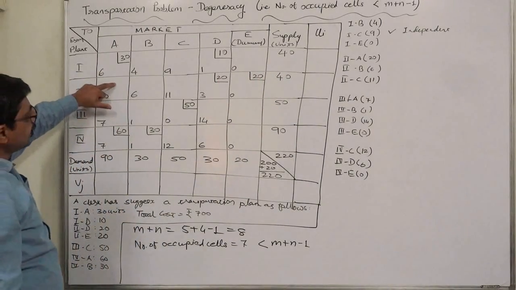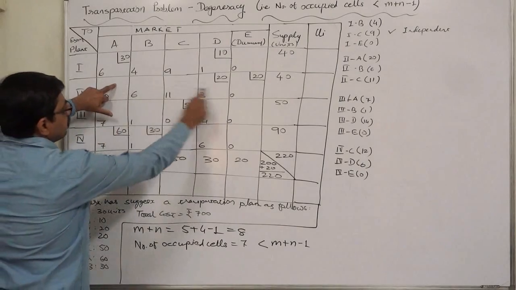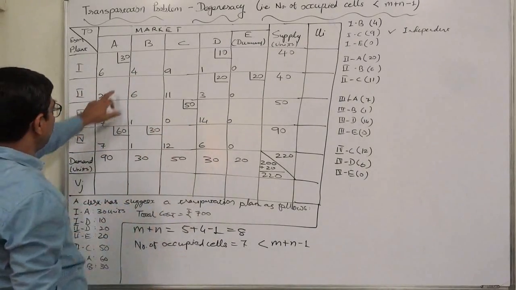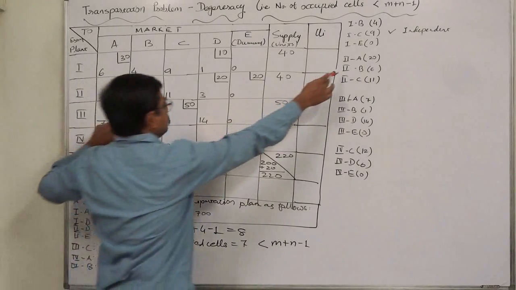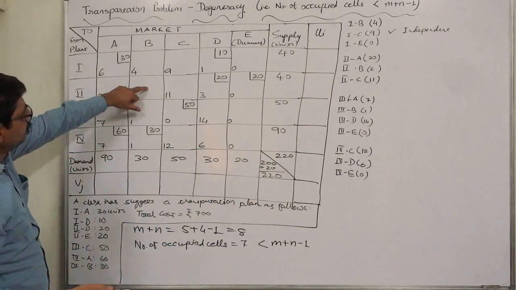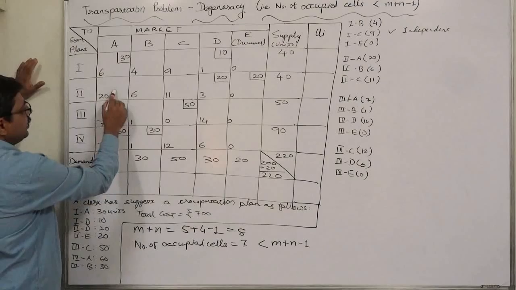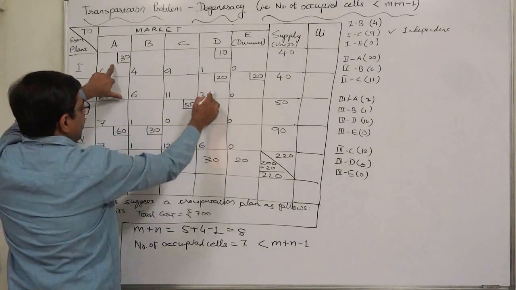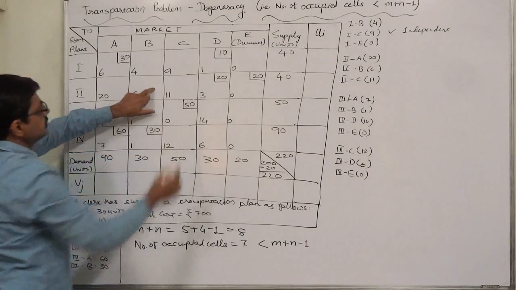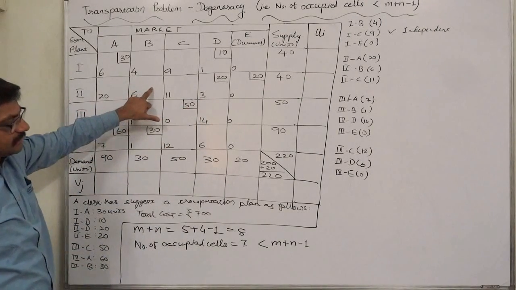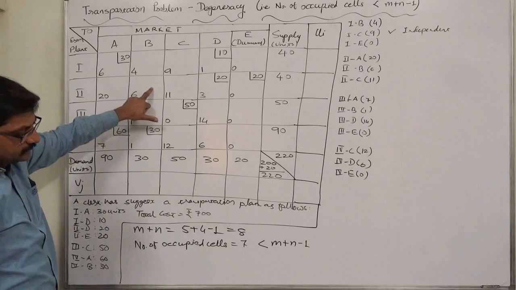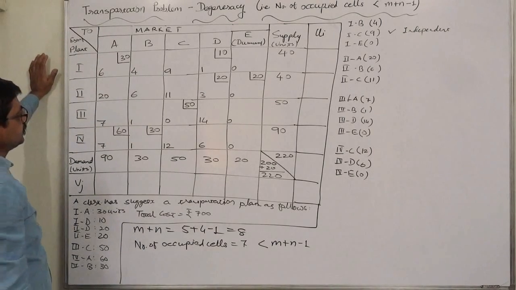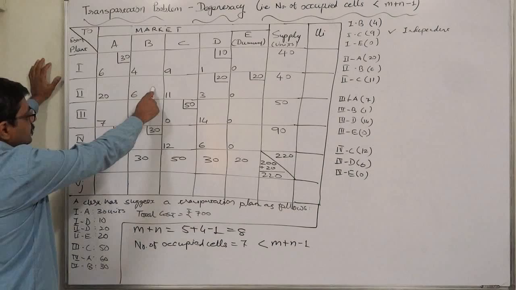2A. Can we draw a closed loop? 1, 2, 3, 4. Yes. So 2A doesn't qualify. 2B. Can we draw a closed loop from 2B? 1, 2, 3. No. 1, 2, 3, 4, 5. No. We cannot reach here again. Let's check again. Is it possible to come here again?